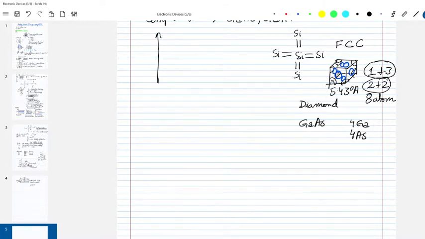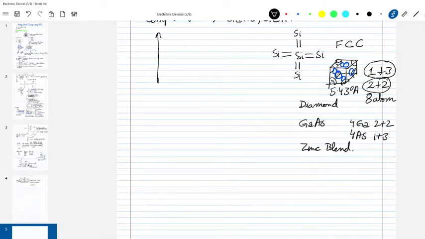Arsenic will be on the surfaces and the corners, that is 1 plus 3, and gallium on the diagonals, that is 2 plus 2, so there will be 8 of them. This is known as zinc blende structure. So this is how gallium arsenide is going to be.